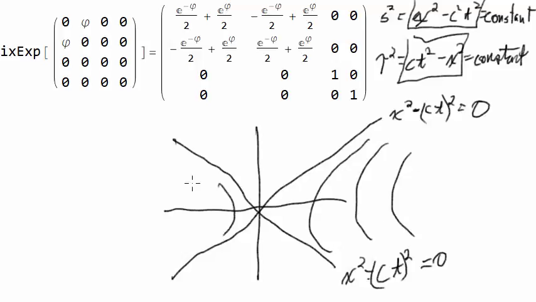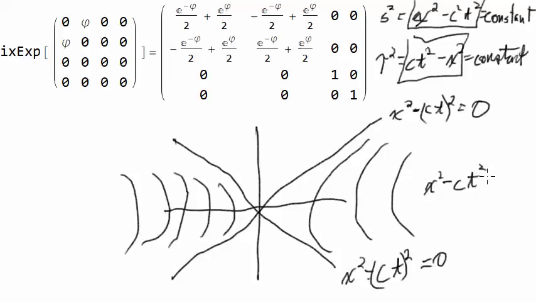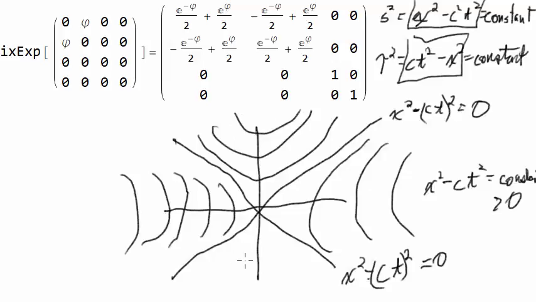And these lines are regions where the absolute value of x is greater, where x squared minus c squared t squared equals a real constant greater than 0. And these curves are where x squared minus c squared t squared is less than 0.